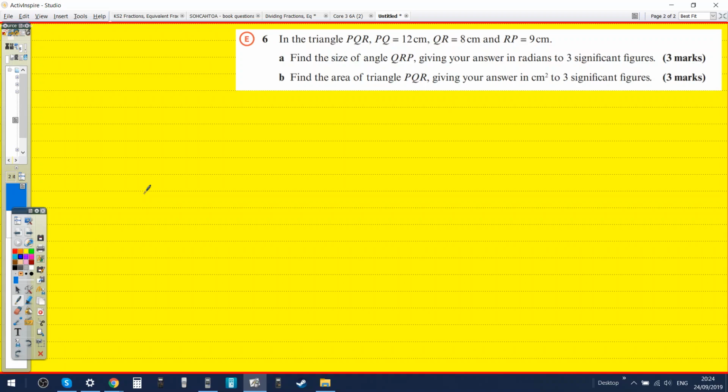Okay, so find the size of angle QRP. Give your answer in radians to 3 significant figures.